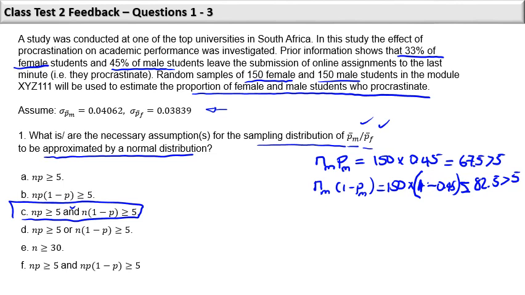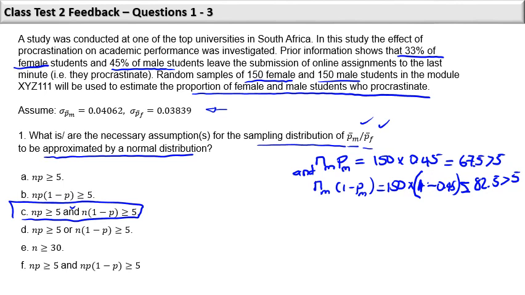So you will agree with me that both conditions hold for the sample proportion of males. So we can say, since the number of successes and the number of failures for the male is greater than 5, then the sample proportion of male P bar M is approximately normally distributed.